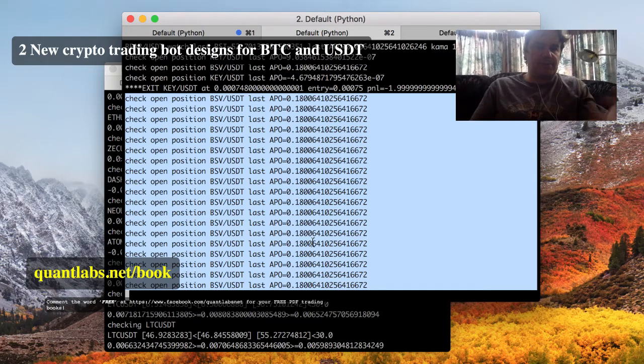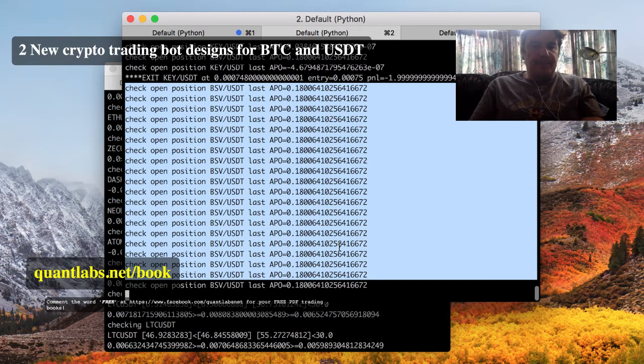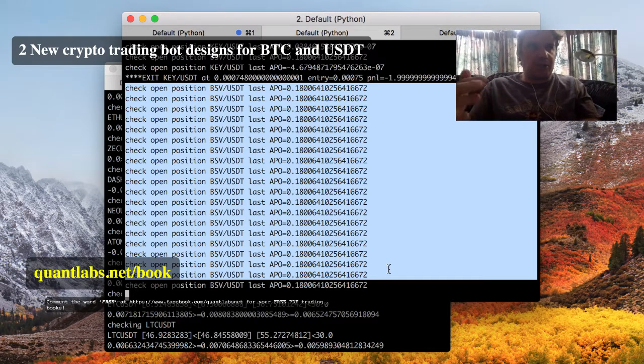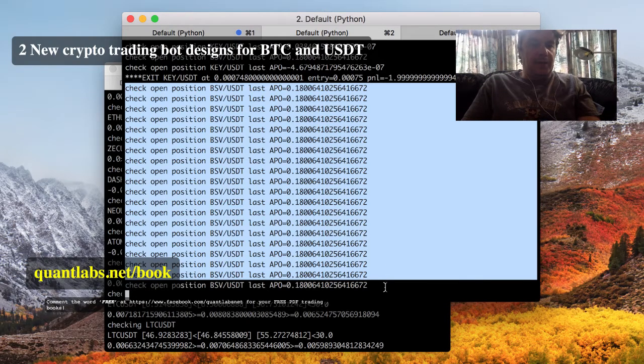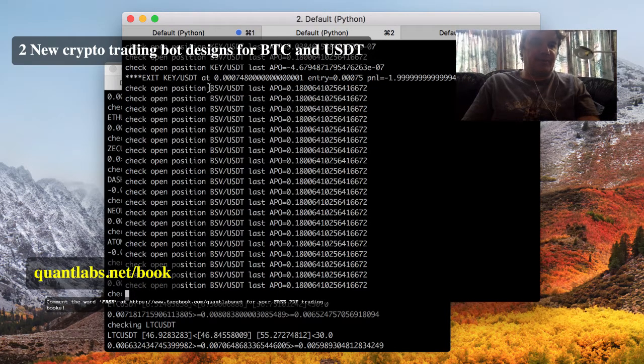But again, this could be buggy for all I know. Once it drops negative, then it will get out right off the bat, because as I said, based upon my experience on probability, if it does weaken, it will weaken. It's not going to get choppy and then go back up. The probability of that is much lower. But this pair has been pretty stable as a performer for the last few hours.